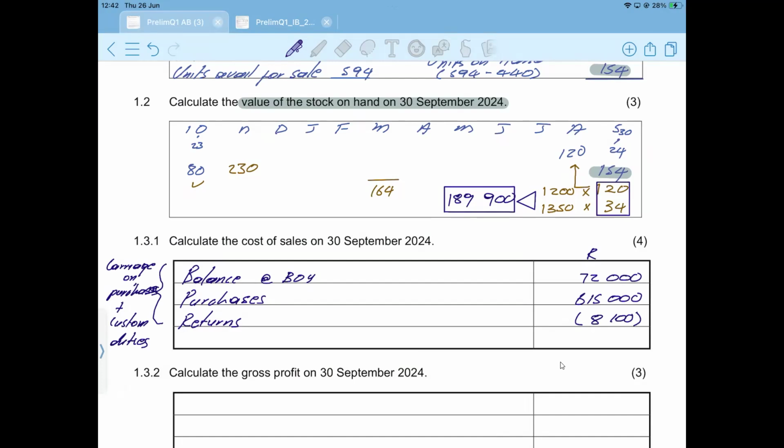Now, to get the value of cost of sales here, because I don't have space, I'm just going to use this and say 615, you minus your 8,100. That will give us 606,900.